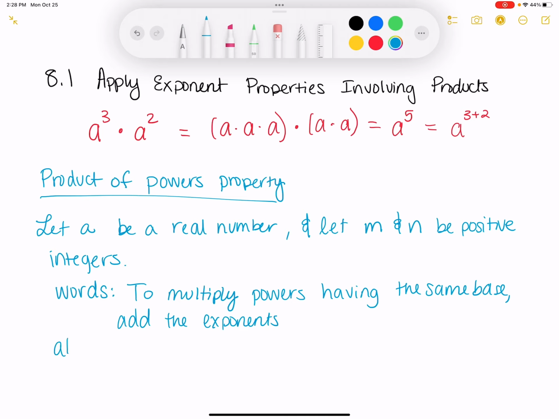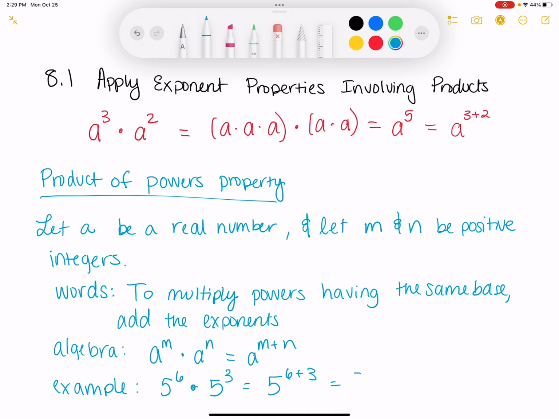Okay, algebraically, that means that a to the m times a to the n is equal to a to the m plus n. And then an example of that, 5 to the 6 times 5 to the 3 is equal to 5 to the 6 plus 3, which is equal to 5 to the 9th.